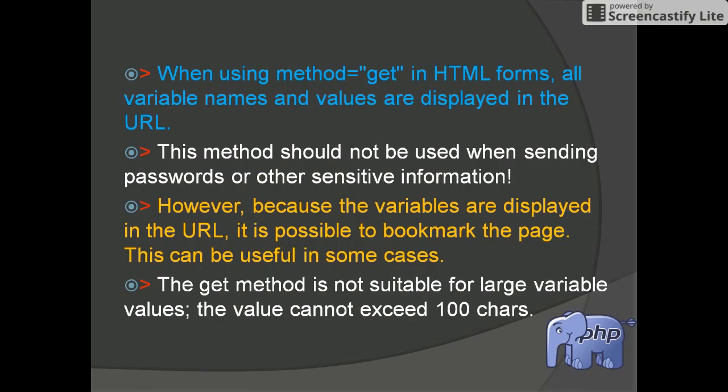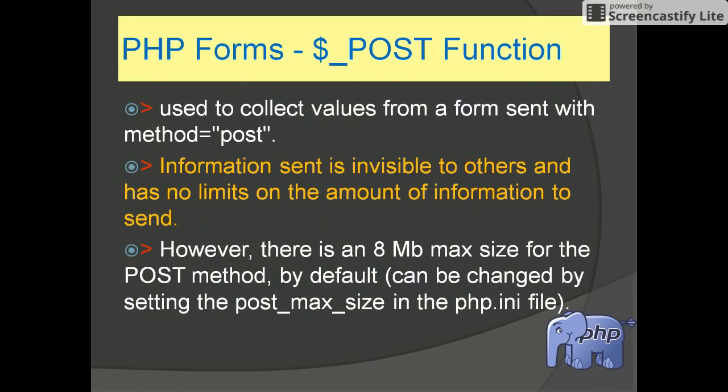As we have seen, it displays the value in the URL, so it is not a secure method for password verification or authentication. It also has a limit of 100 characters. We cannot pass a string or information larger than this range.